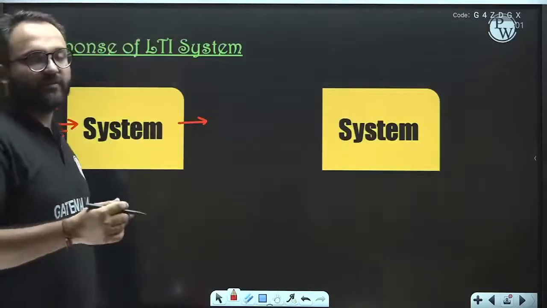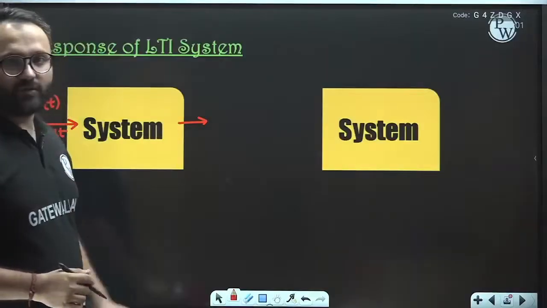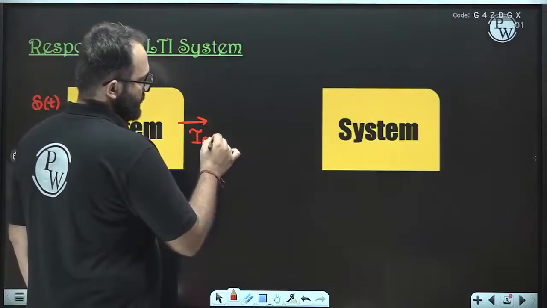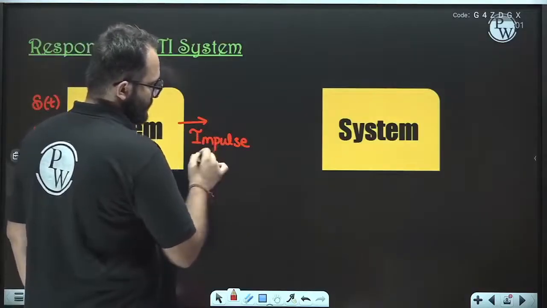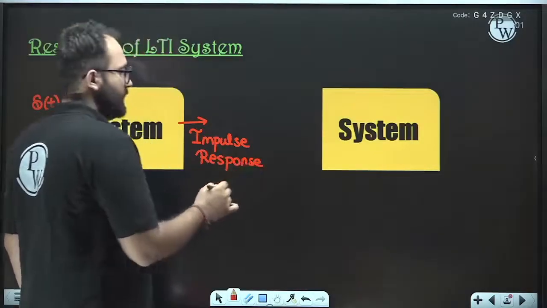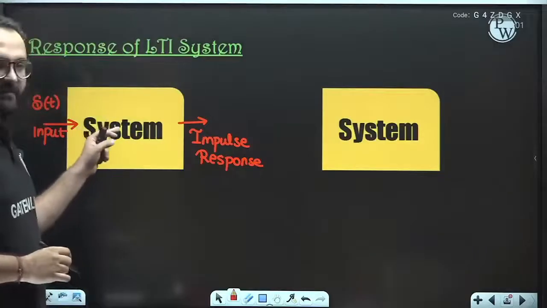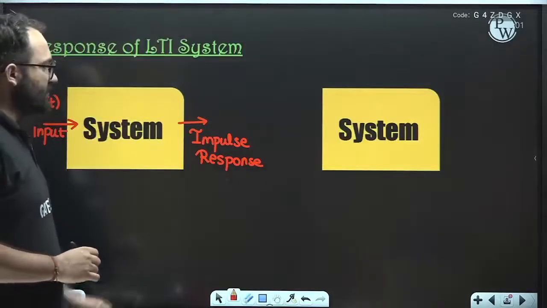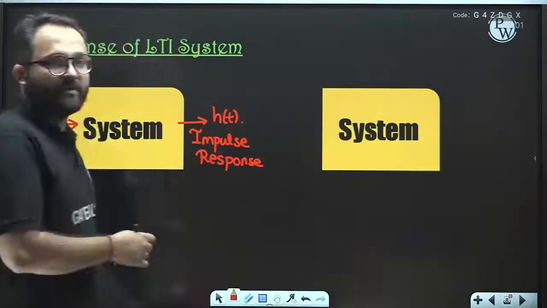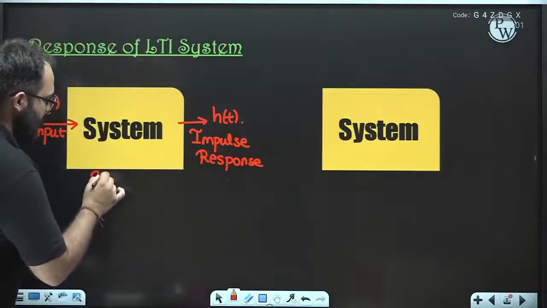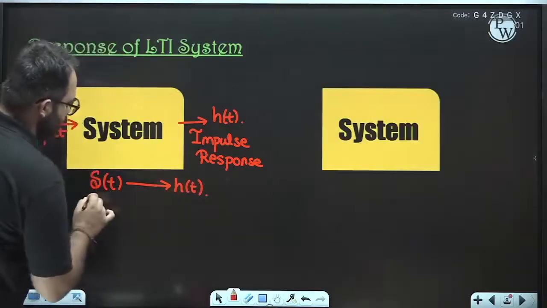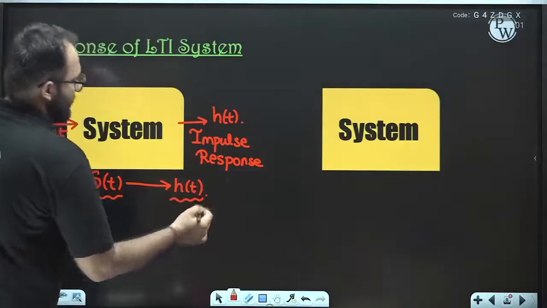Obviously, if we give some input, we'll get some response, and that response is called the impulse response. So when an impulse is given as the input to the LTI system, we get the impulse response, and the impulse response is represented by h(t). Simply we can say that delta(t) is the input, and h(t) is the response.